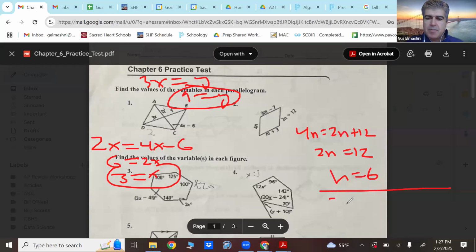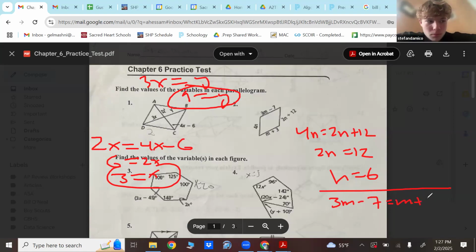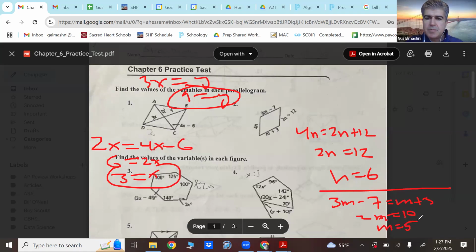And these are the same. So very simple stuff. You're just making a bunch of equations, relationships, and solving, right? So those should be very, very straightforward.